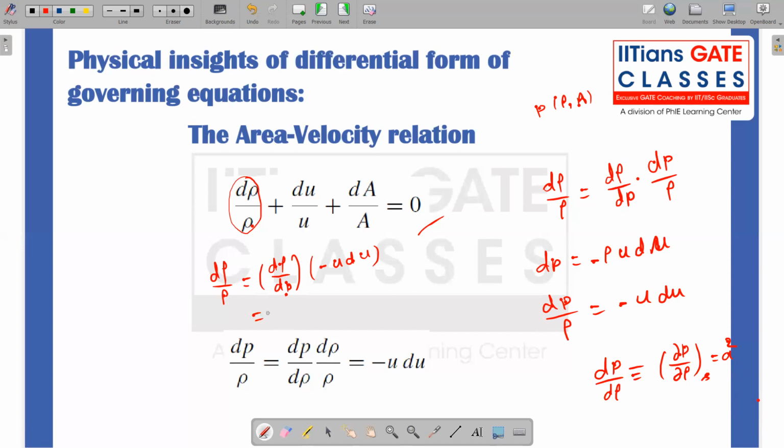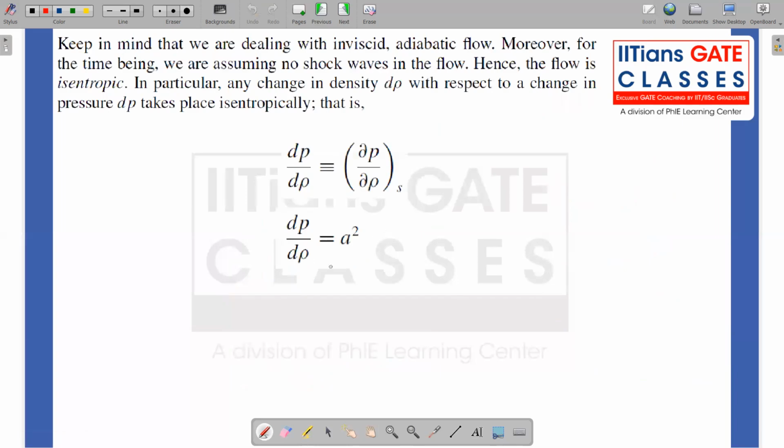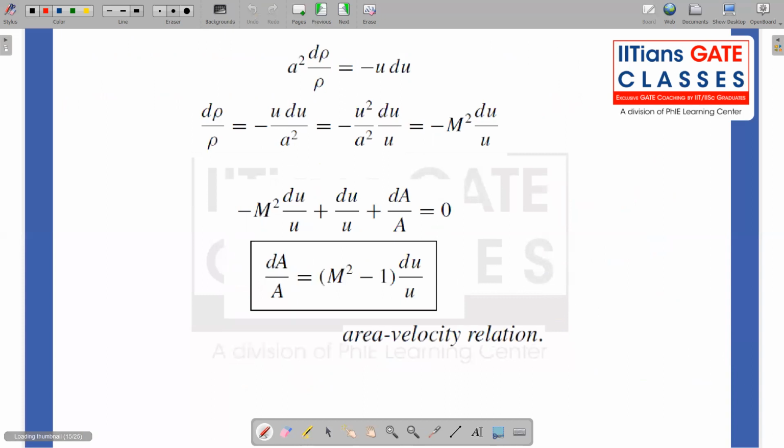So d rho by rho is nothing but minus u du times 1 by a square, right?